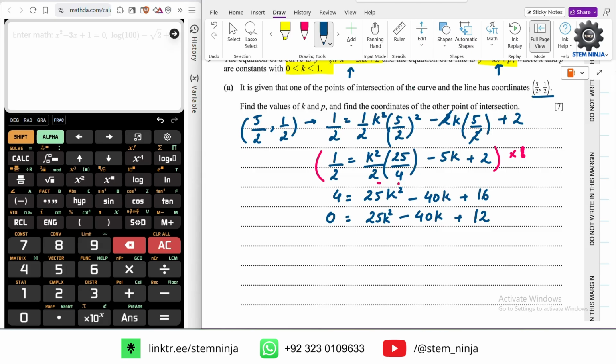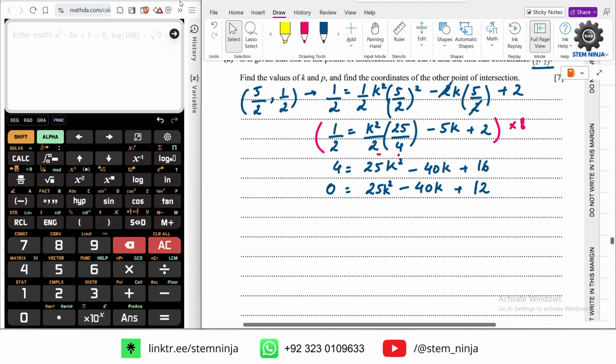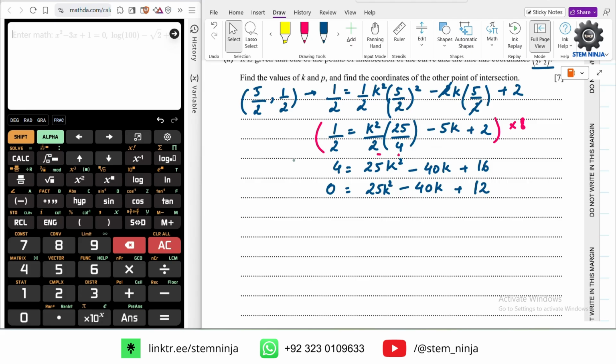Alright, so now let's see what we can do. Let's try to solve this with the sum and product rule. Product is 12, sum is minus 40k, this is 25k squared. You only get 25 by doing 5k and 5k. Let's try with 3 and 4.